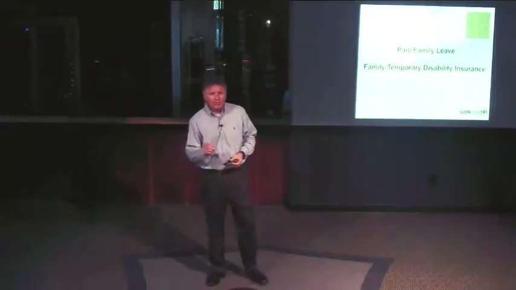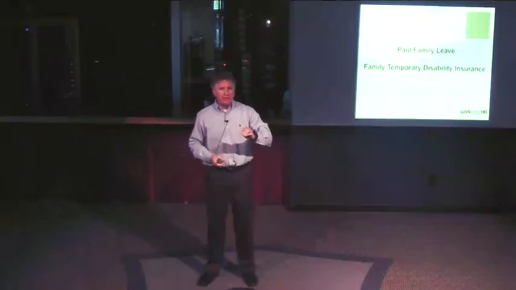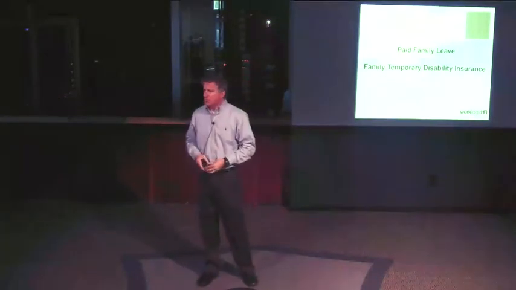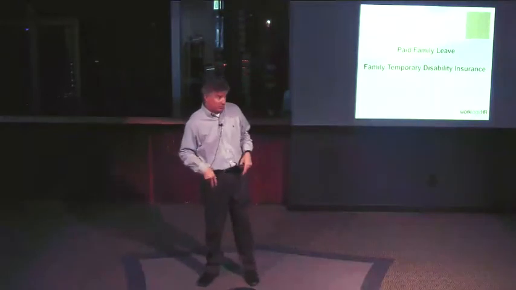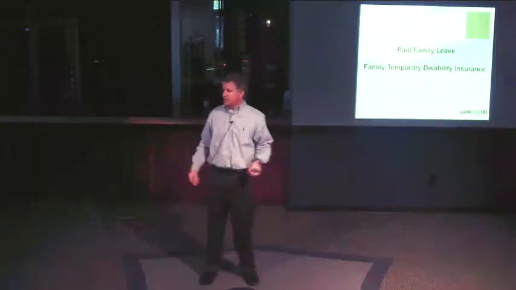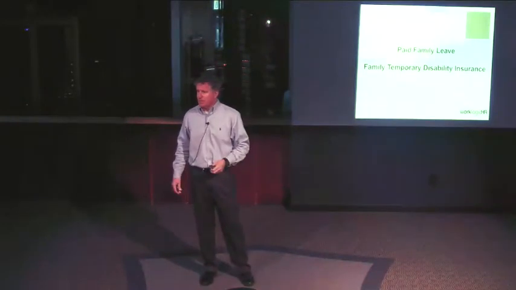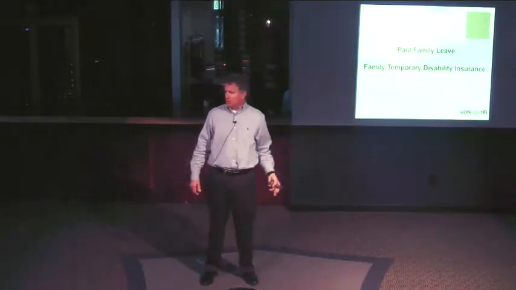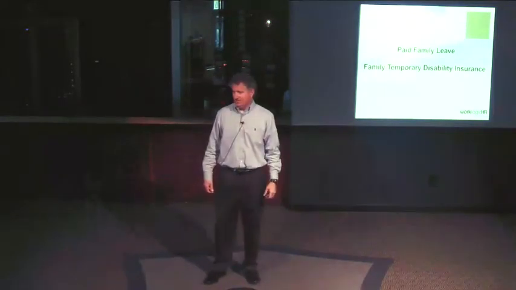Because here's what you don't want to do with workers' comp. You've got an employee that's on light duty within workers' comp. And so we keep them in their same job because we want to get them back to work, but we take away some of the essential job duties. Now at the end of the workers' comp, they're permanently disabled, and they say, well, I want to come back to work on light duty. And we say, well, no, we can't accommodate that. Well, guess what?